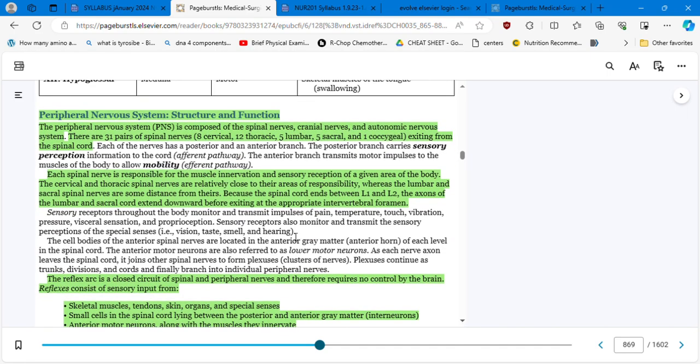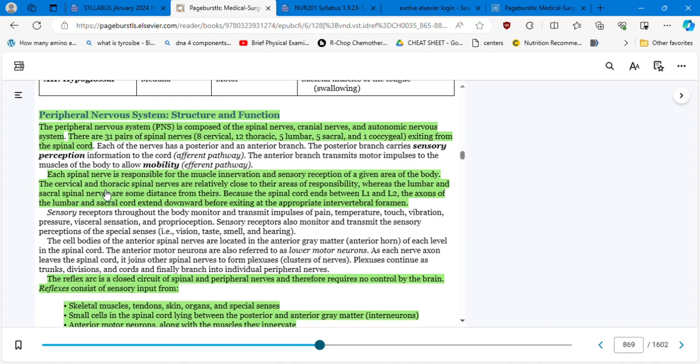Peripheral nervous system, structure and function. The peripheral nervous system is composed of spinal nerves, cranial nerves, and the autonomic nervous system. There are 31 pairs of spinal nerves: 8 cervical, 12 thoracic, 5 lumbar, 5 sacral, and 1 coccygeal, exiting from the spinal cord. Each spinal nerve is responsible for the muscle innervation and sensory perception of a given area of the body.